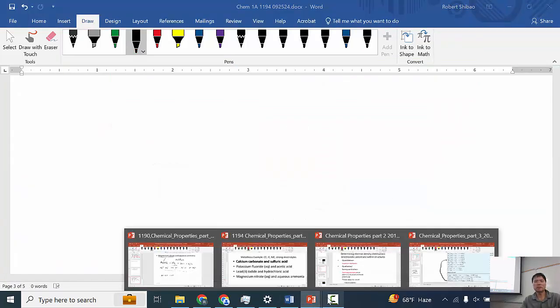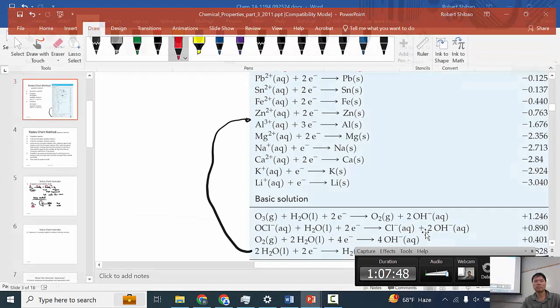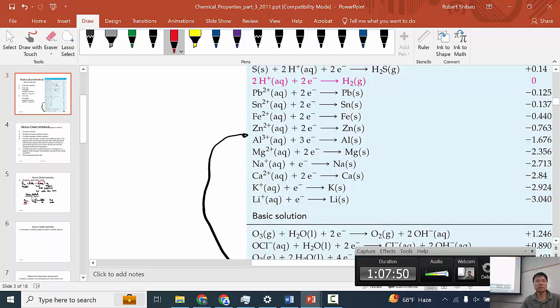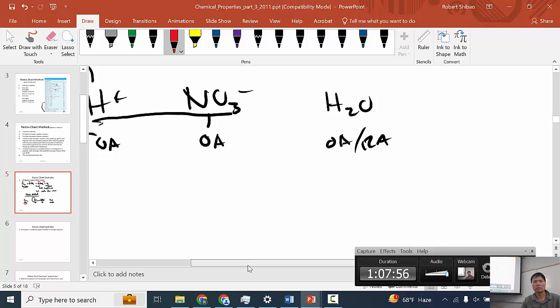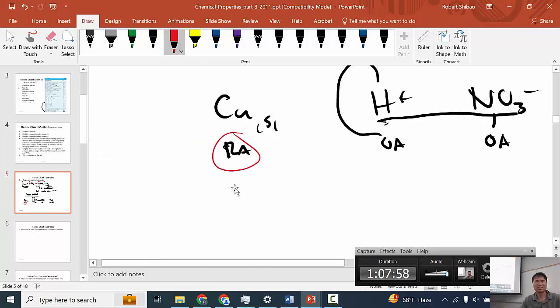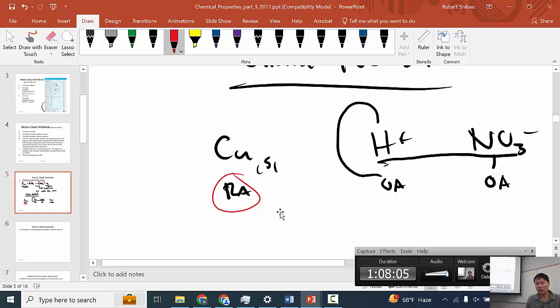And so the strongest oxidizer is going to be over here.